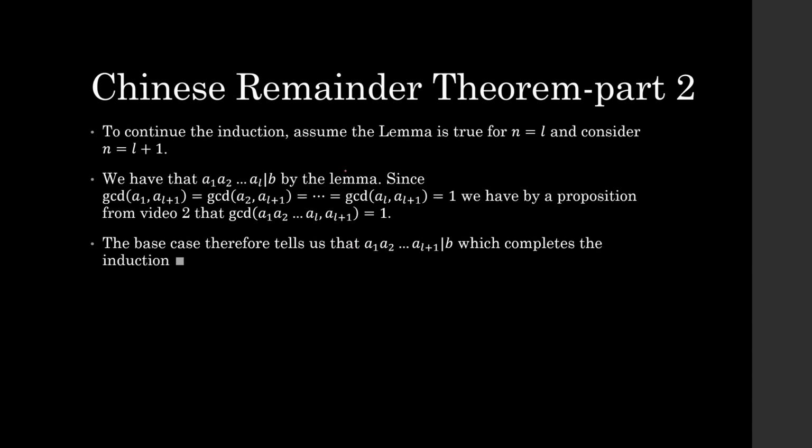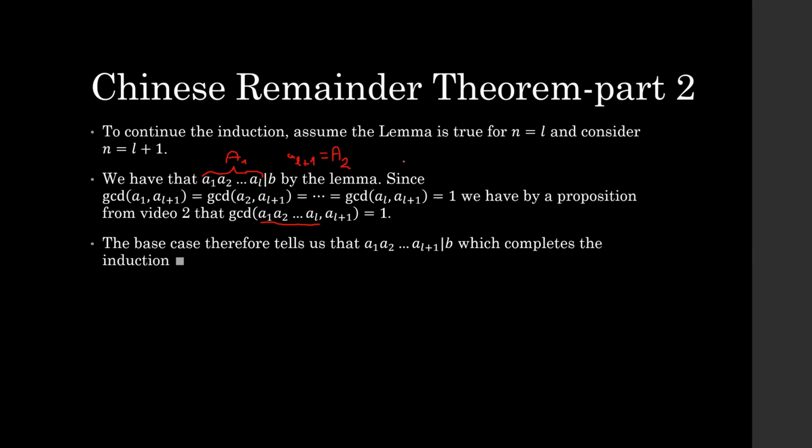Because now, we've got that aL plus 1 is coprime with this big number here, a1, a2, all the way to aL. So we can consider this as one big number, big A1, and we'll call aL plus 1 big A2, okay?